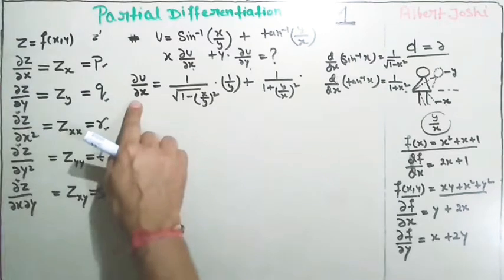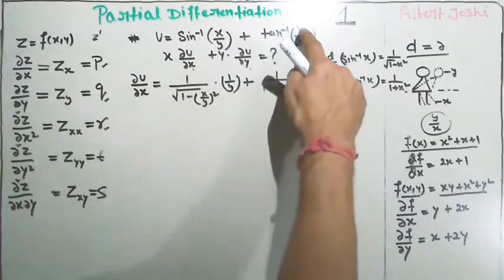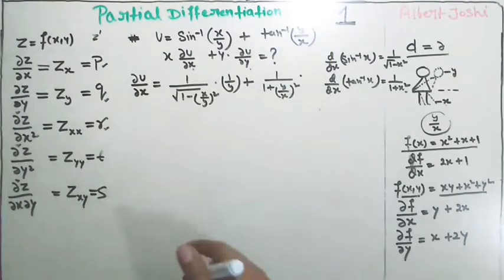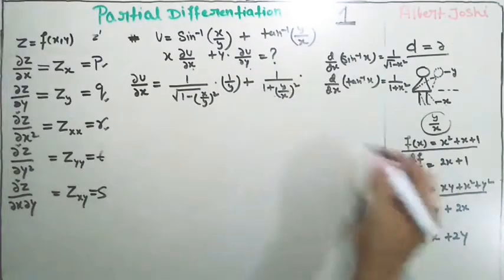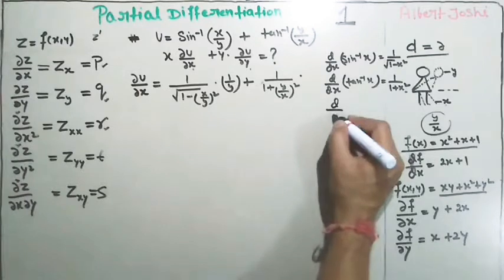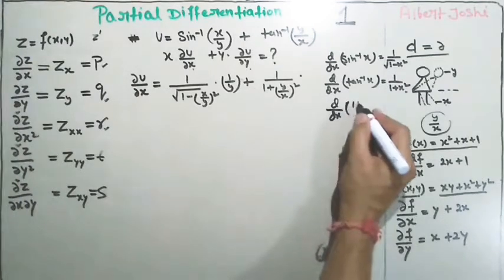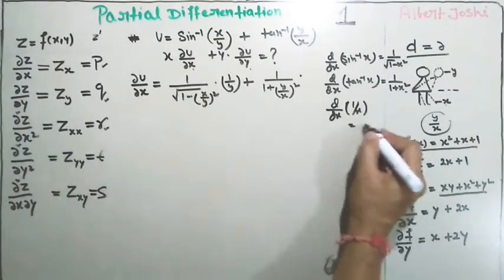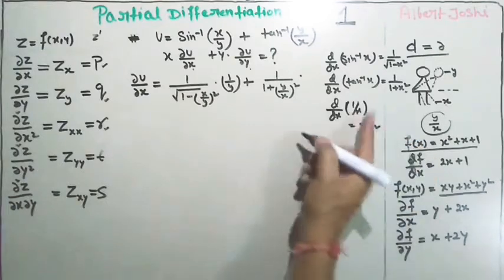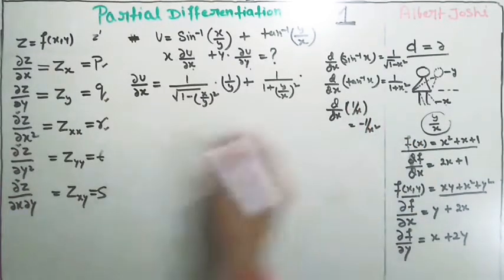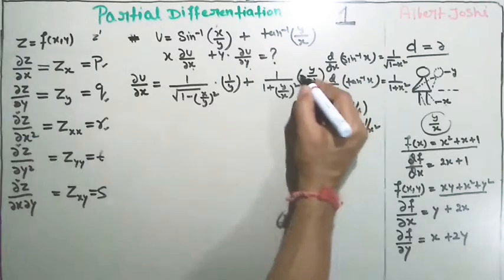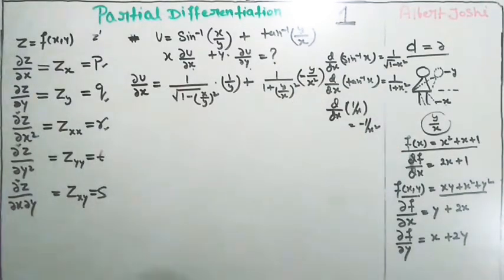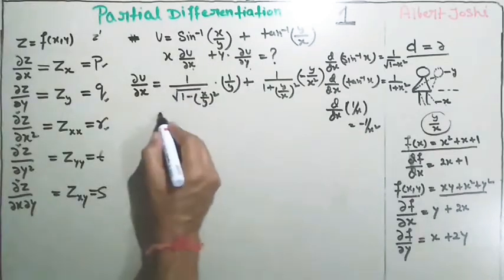So if you are differentiating with respect to x, then y will be treated as constant. So in this condition you know that the differentiation of 1 upon x is equal to minus 1 upon x square. It will come above, and then you can differentiate. So the overall value will be this. Okay. So now solve it.